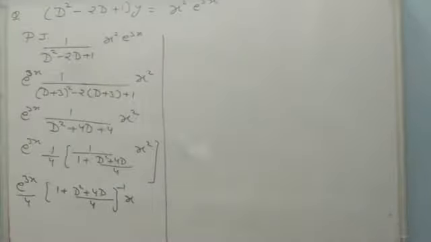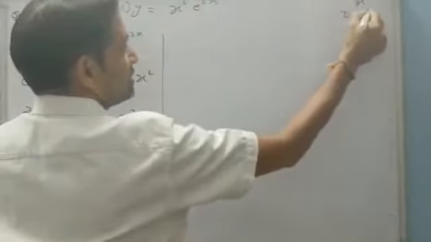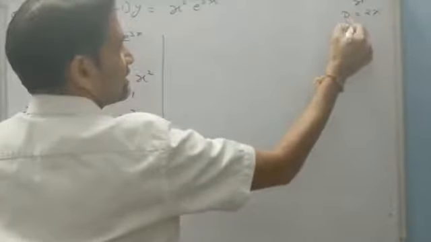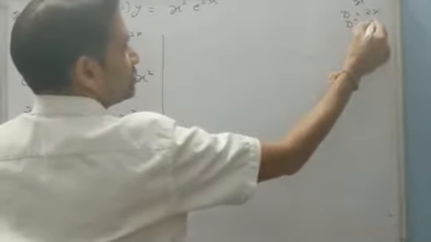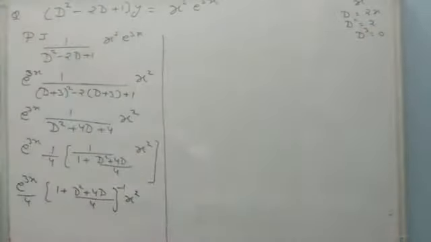Now again, for doing further, it is x square. I have x square, then the first derivative will be 2x, second derivative will be 2, and the third derivative will become 0. So I have to do maximally third derivative, as far as it comes we will take.